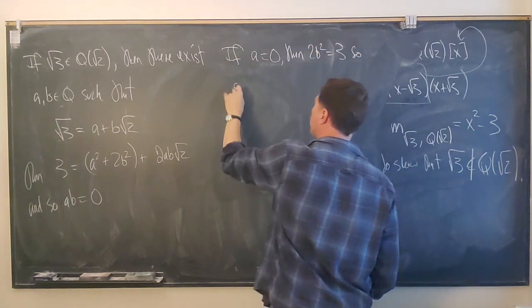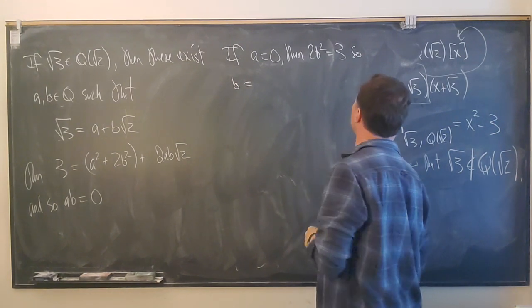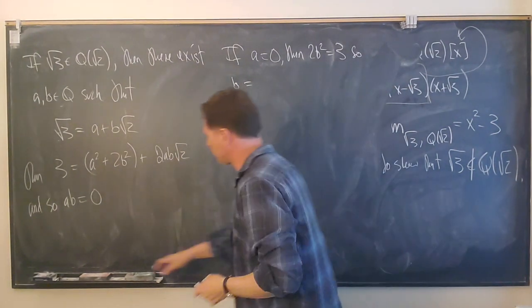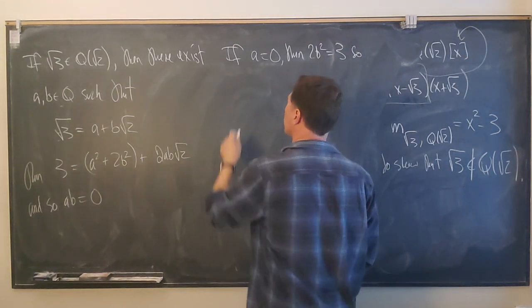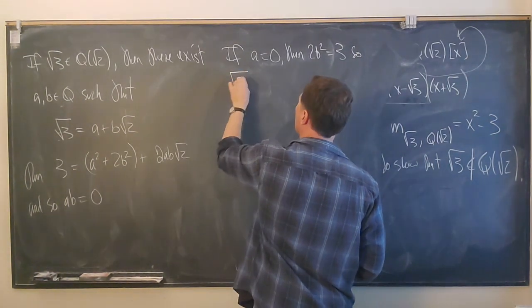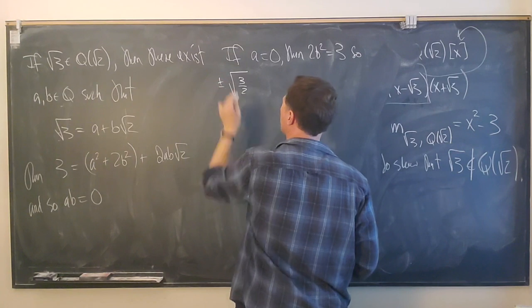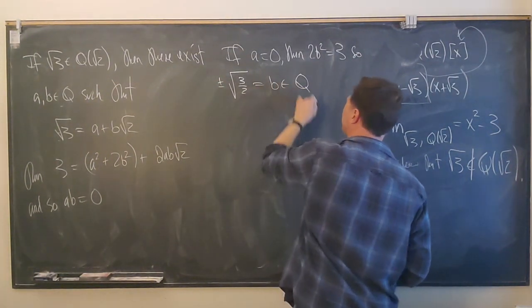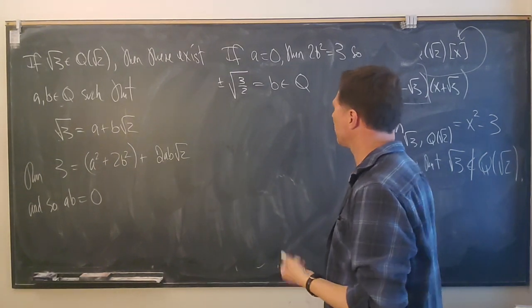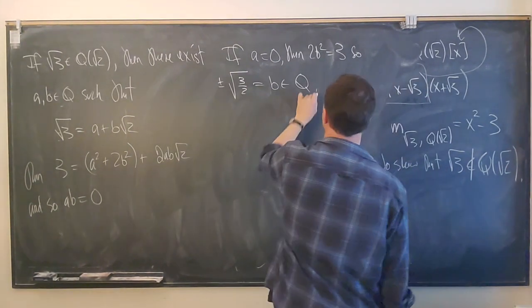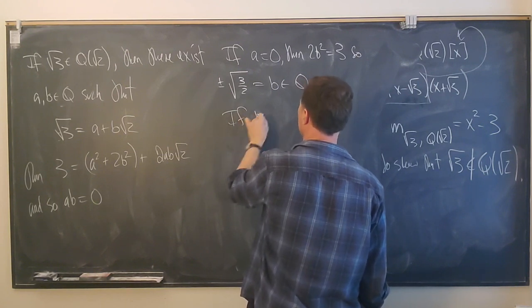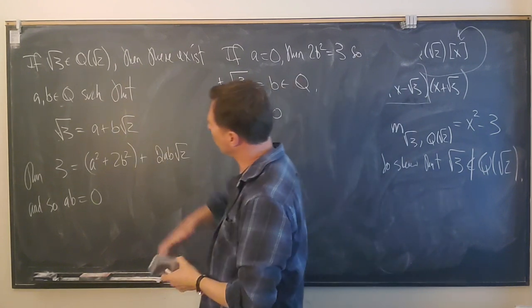So b would have to equal, and in fact, let's write it the other way around, square root of 3, I guess plus or minus square root of 3 halves. That would have to be equal to b, but b we know is a rational number, so that's obviously a contradiction.